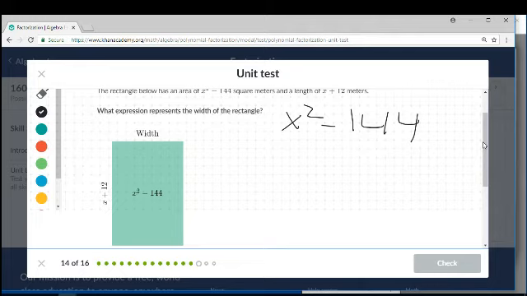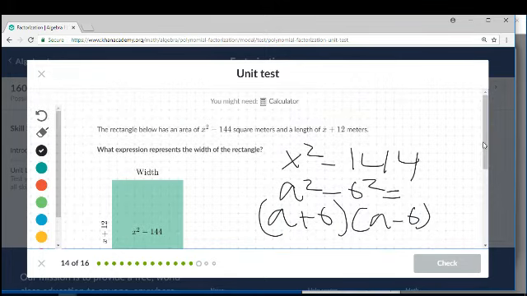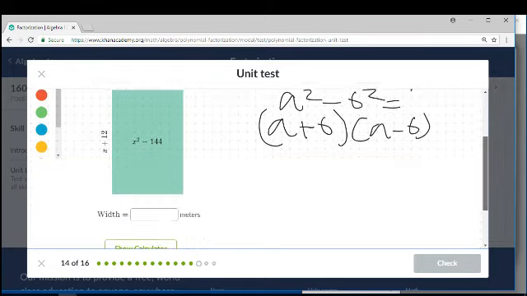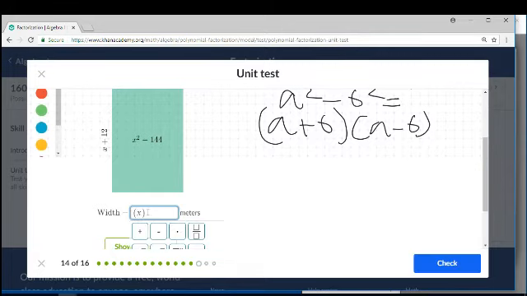Remember, a squared minus b squared equals a plus b times a minus b. So this could be x plus 12 times x minus 12. So that width has to be x minus 12.